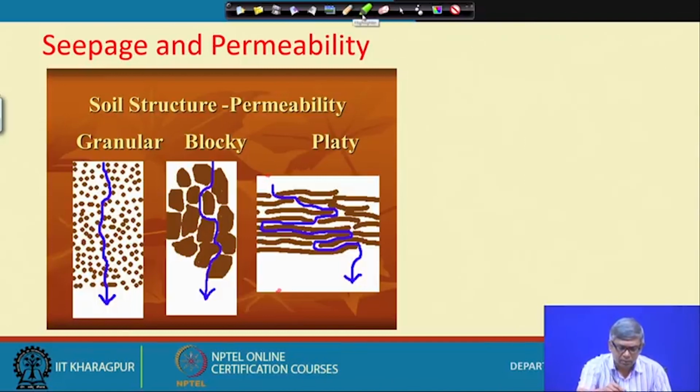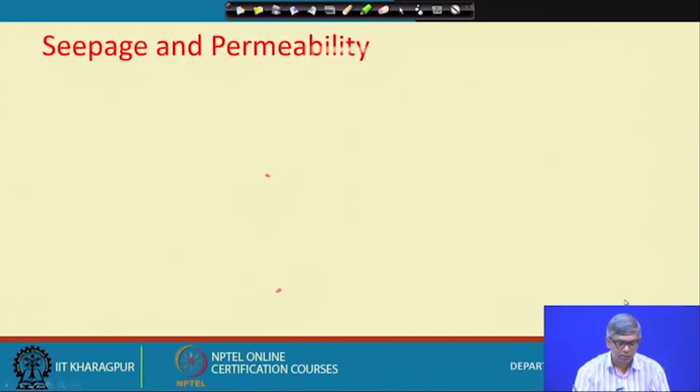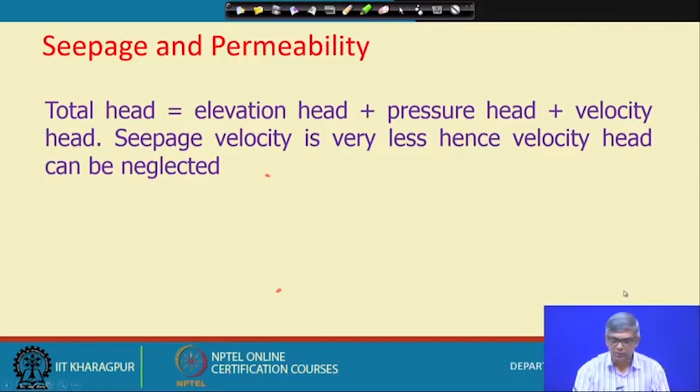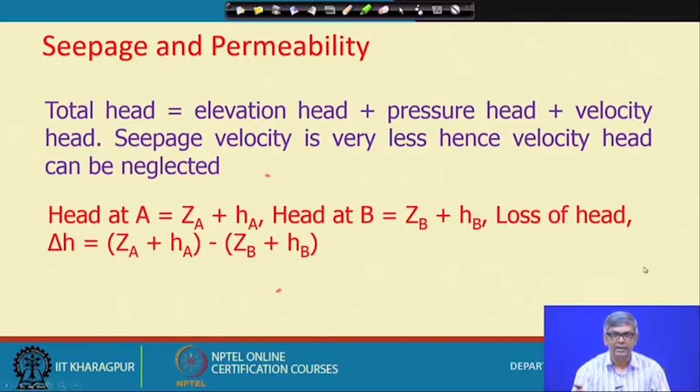Let me go to the next slide. Seepage and permeability: as I have told, head causes the flow, and at any point one can calculate the total head equal to elevation head plus pressure head plus velocity head. Since the seepage velocity is quite low when water flows through soil, v square by 2g can be ignored.